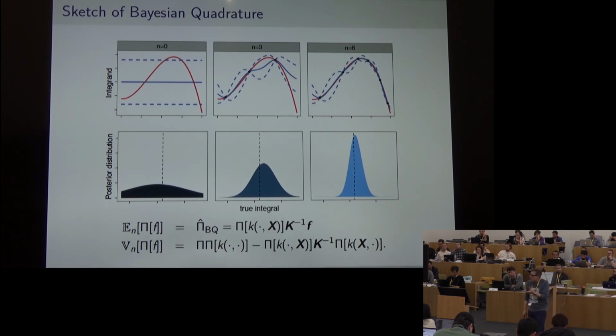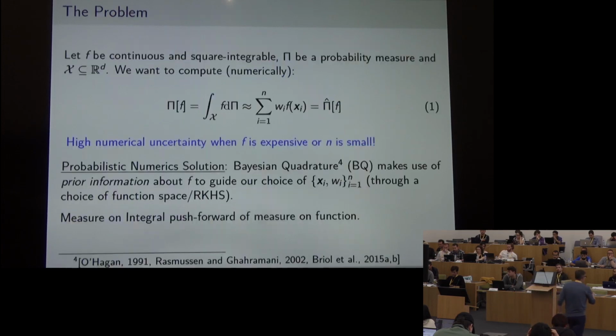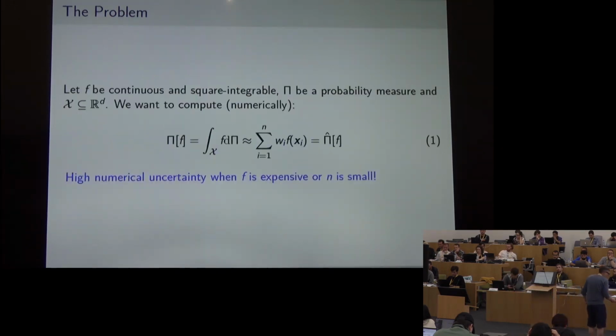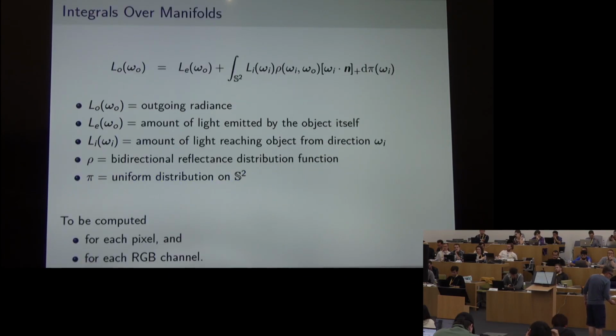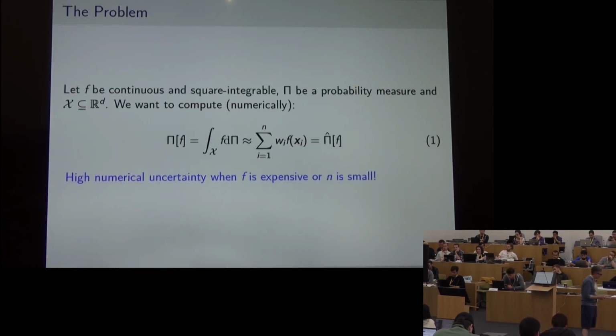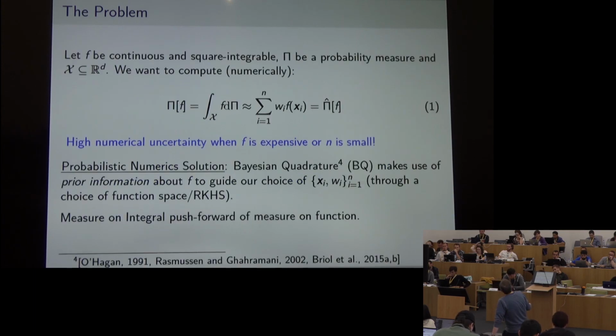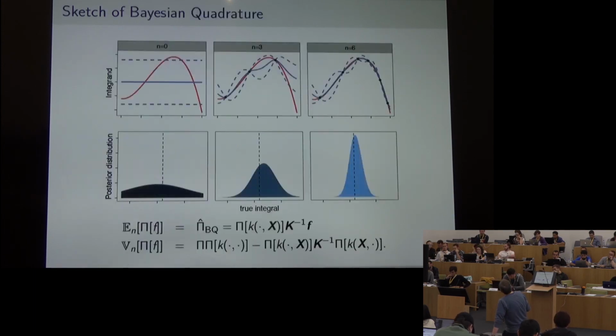And indeed, if the integral is with respect to some weighting measure, pi, then that class of covariance functions, which would be integrable analytically, may be even smaller.